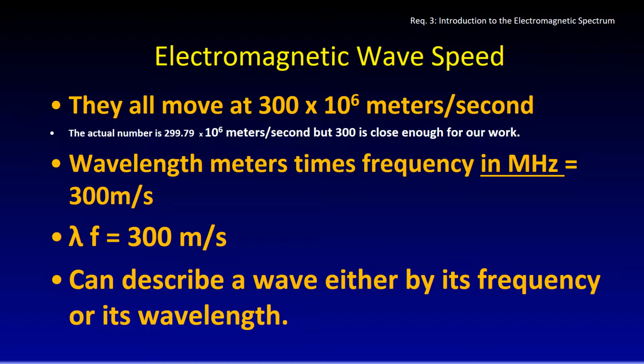If we take the wavelength in meters times the frequency in megahertz, we get 300 meters per second. The formula for this is written as lambda times f equals 300 meters per second. We can describe a wave either by its frequency or its wavelength, since if we define one, we've specified the other.